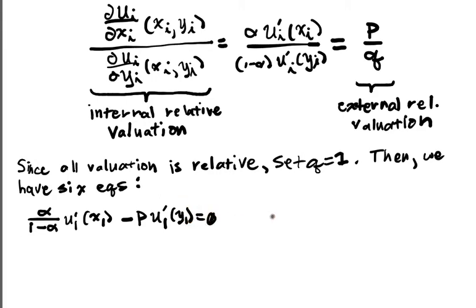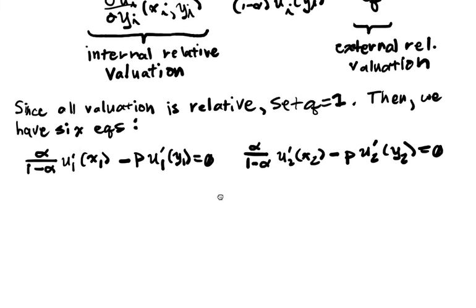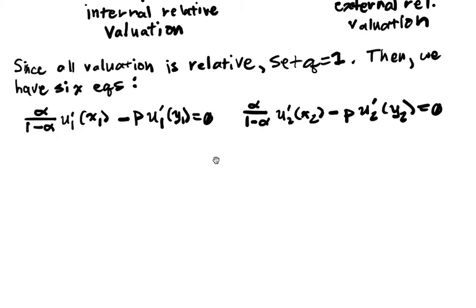The next equation is the condition for the max of the second consumer, x2 now, minus p u2 prime of y2 is equal to 0. So that's the same equation, except with potentially different utility functions, because I have different consumers and so they have different psychology.